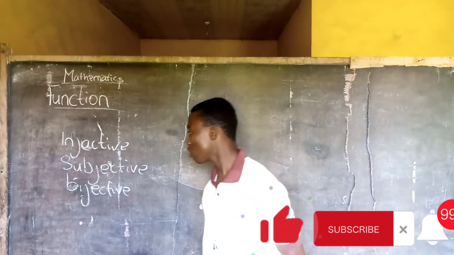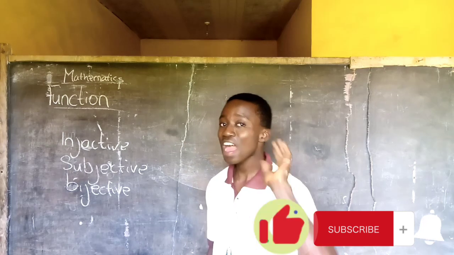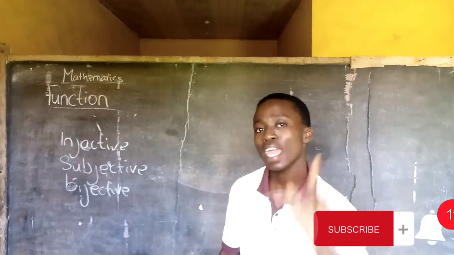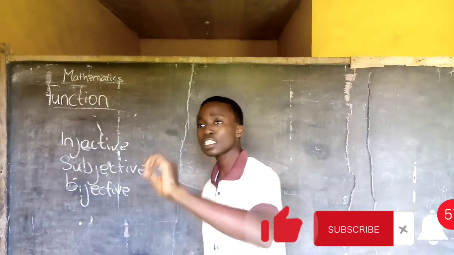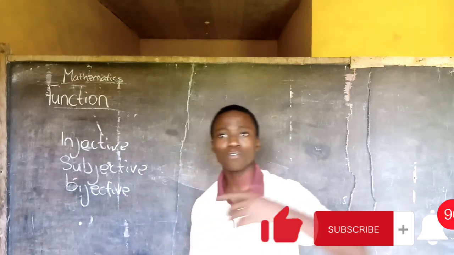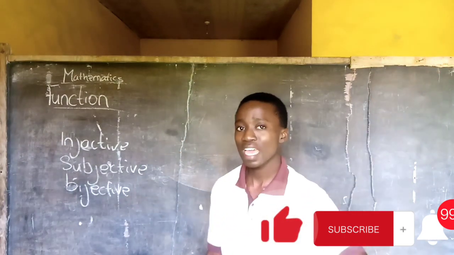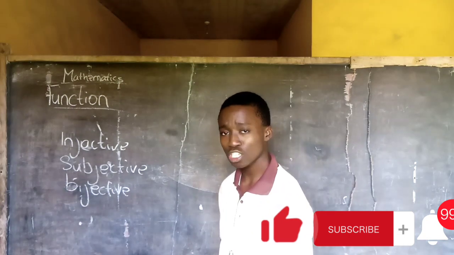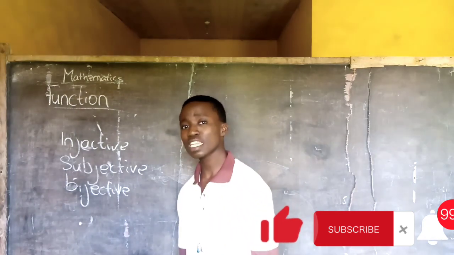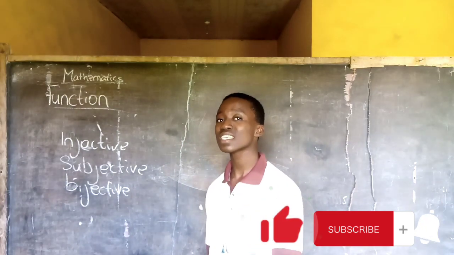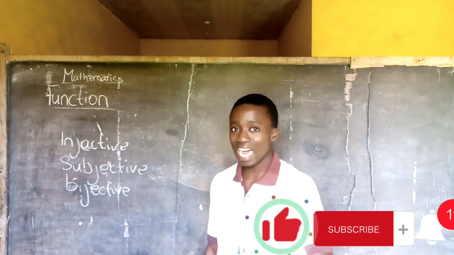Then a bijective function. What about if you have 5 children, 4 cars, and a house? Meaning that the rest 4 children will be having a car, and the last one will be taking possession of the house. Then definitely, if he sells that house, he's going to use the money to buy a car for himself.